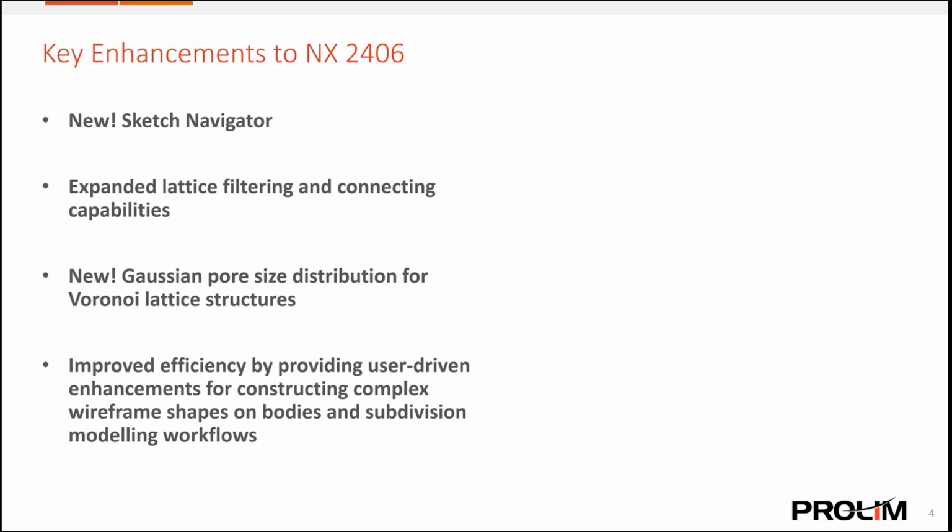That's more so for our algorithmic modeling and our 3D printing applications. We also have a new Gaussian pore size distribution for the Voronoi lattice structures, and that's again something to deal with our algorithmic modeling and 3D printing. Then we've also improved our efficiency by providing user-driven enhancements for constructing complex wireframe shapes on bodies and subdivision modeling workflows.